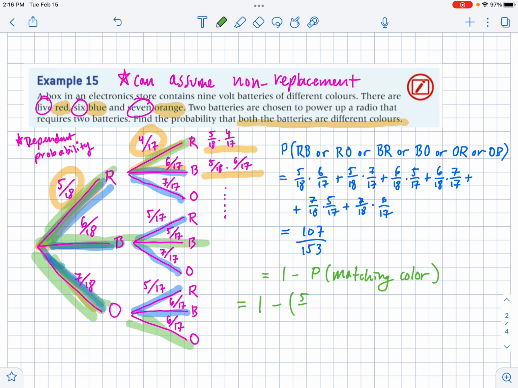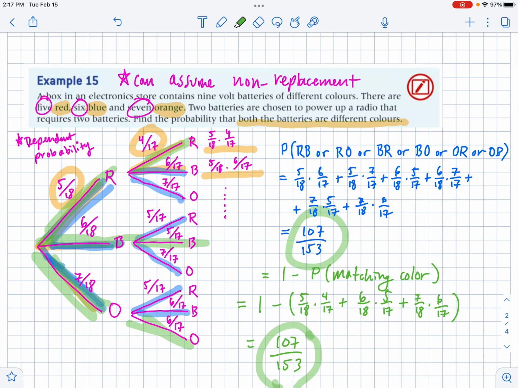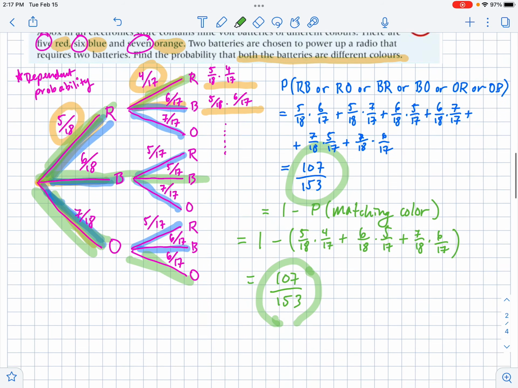So the probability that they match is red, red, which is 5/18 times 4/17 plus blue, blue, which is 6/18 times 5/17 plus orange, orange, which is 7/18 times 6/17. And I believe when you grab a calculator and do that, you should get 107 153rds. So they match up. So sometimes you can save yourself some work by just doing 1 minus the complement.